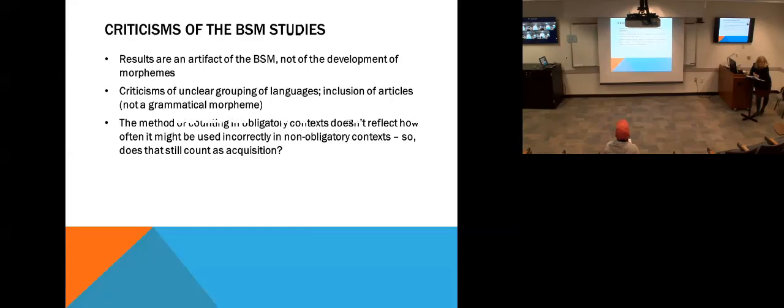Not just that you can use it when you should, but that you don't use it when you shouldn't, because otherwise you could be using it everywhere, and that's the reason you're doing so well, because you're just hitting it every time you're supposed to, because you're putting it everywhere. So that's the real criticism that has come up in terms of the methodology.